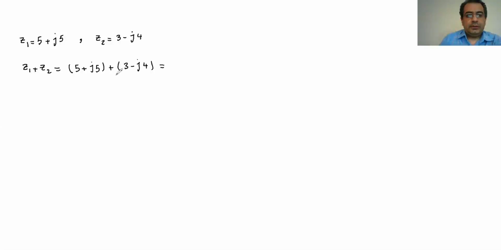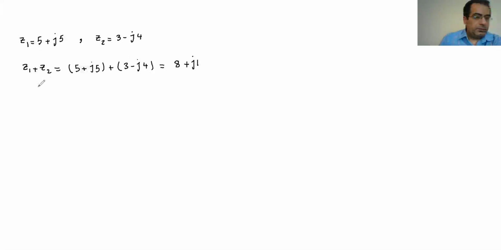So if I add the real parts together, it's going to be 8, 5 plus 3, and if I add the imaginary parts together, I have 5 minus 4, so it's going to be 1j. So this is how we add it. Just simply write it in the rectangular form, add the real parts together, add the imaginary parts together.